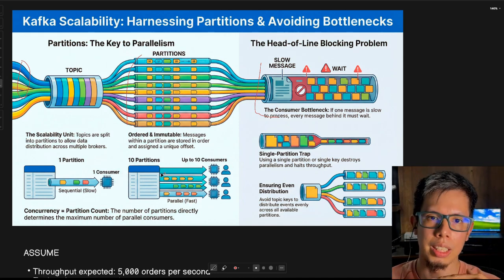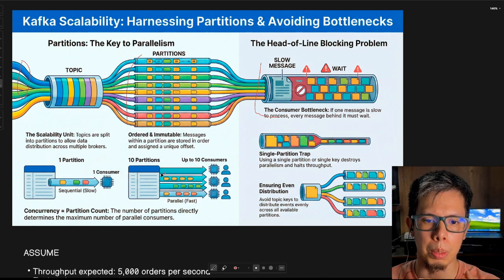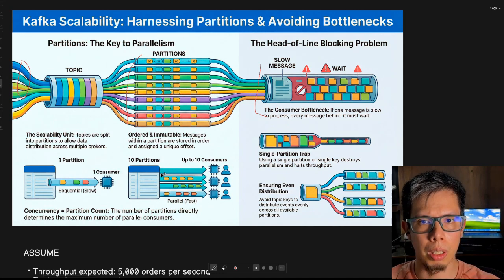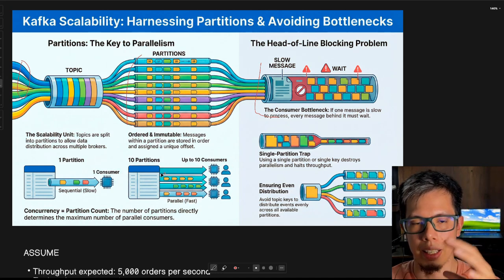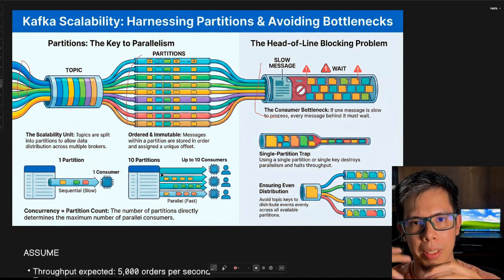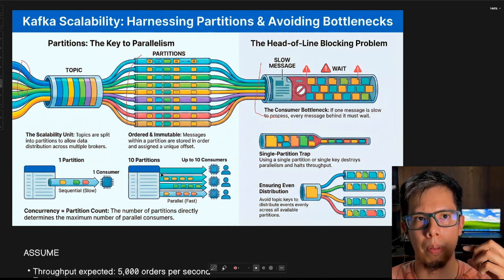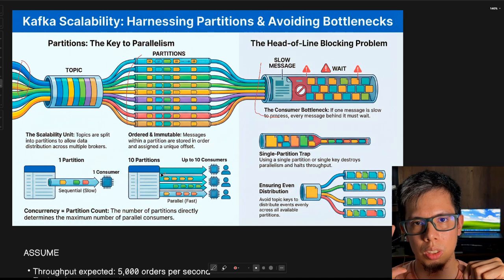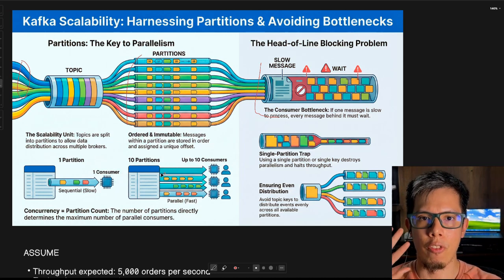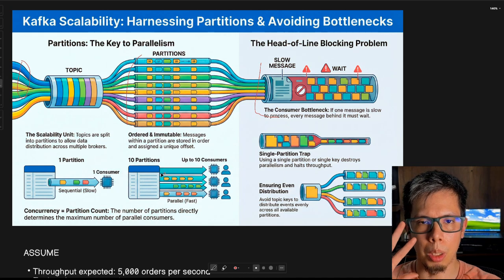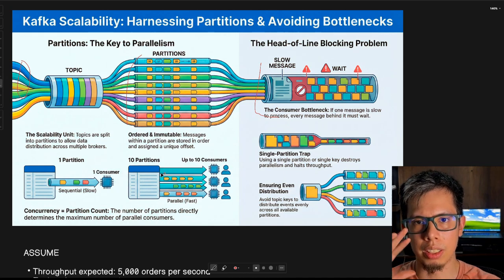But the problem could be, for example, if you have a greater number of consumers than the number of partitions. That means, for example, if you have five partitions and 10 consumers, there will always be only five jobs in parallel, because there is no way that multiple consumers take the same partition, right?